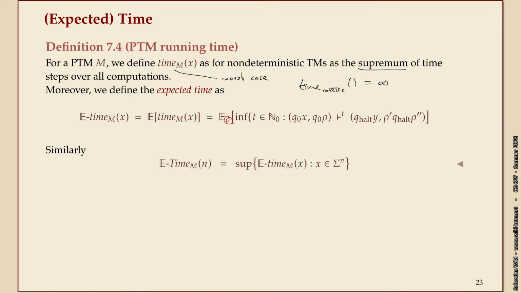Everything else is deterministic. And then formally, you can say the expected time, what we take expectation over, is the smallest number of time steps t that it takes from the initial configuration to reach the halting configuration, if you start on a specific random row. That's the random bit. In red, this is the random part.